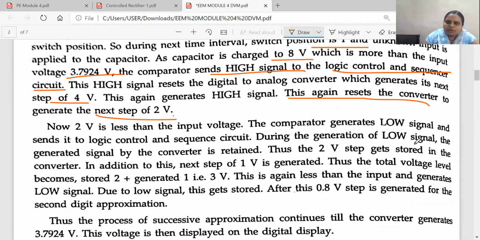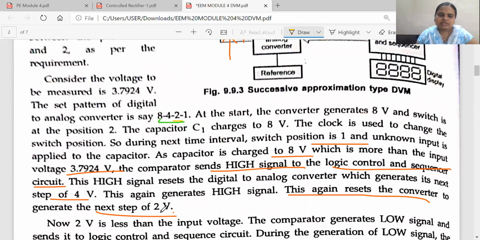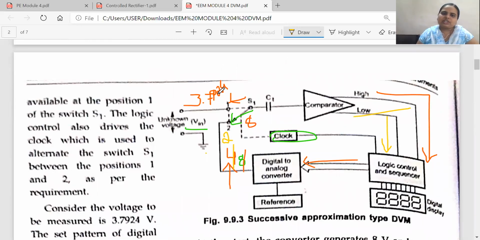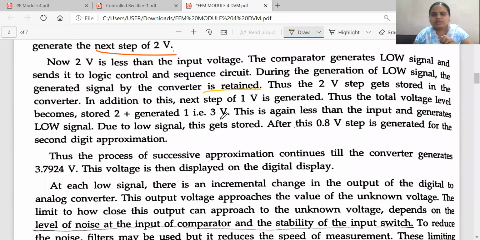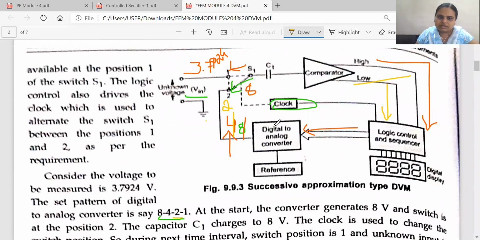During the generation of a low signal, the value generated by the converter is retained, because 2 volts is not equal to 3.7924. For that reason, the 2 value is held. Thus the 2 volt step gets stored in the converter.